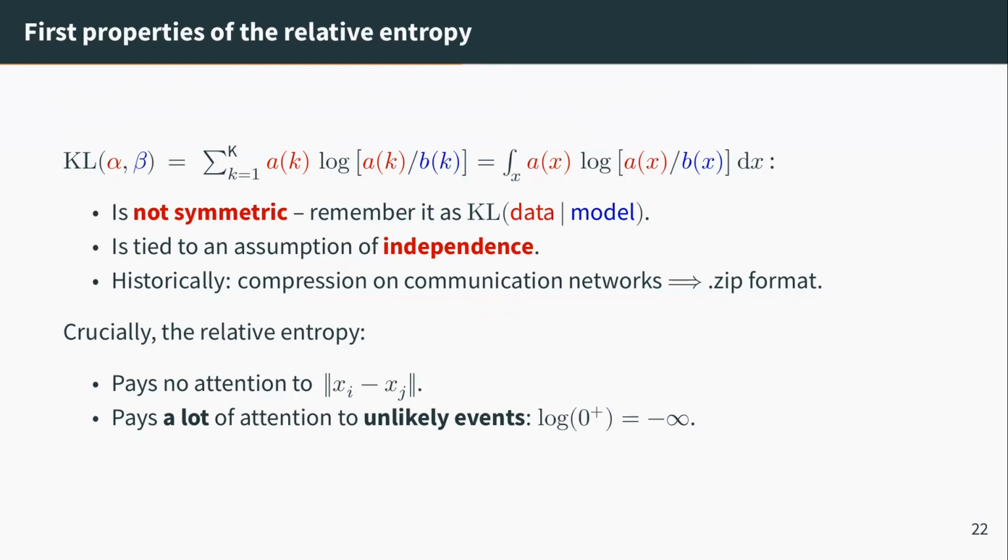Historically, relative entropy and all of these things were introduced, as we remember, in a paper of Claude Shannon, which introduced these things in the computer science and applied math literature. This whole literature on entropy, information geometry, and information theory was heavily motivated by compression problems on communication networks.